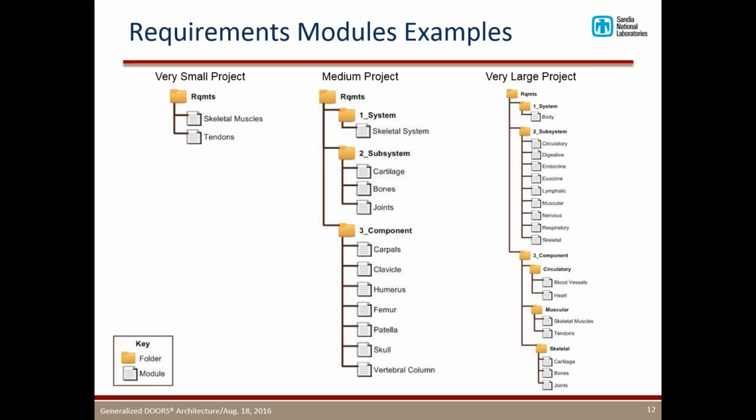On the right is the very large project where you have folders and subfolders. But you're still keeping the integrity of that traceability by having those main levels of folders. Next slide.